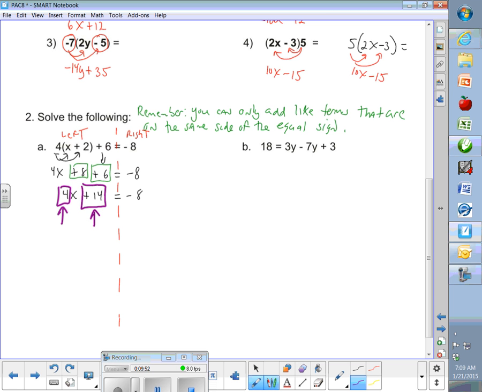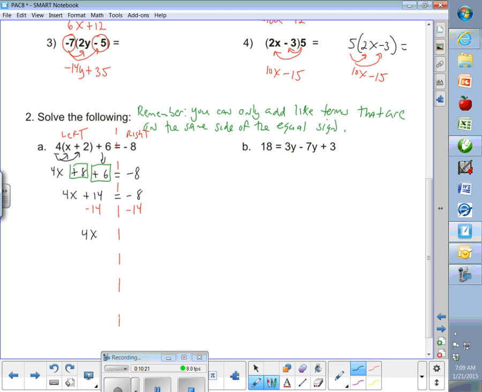The 14 is added to the variable. Remember, when things are both added to and multiplied times the variable, move things added first. So we want to move that 14 first. How do you move something added to the variable? You move it by adding its opposite to both sides, right? So we're going to add a negative 14 to the left and a negative 14 to the right.